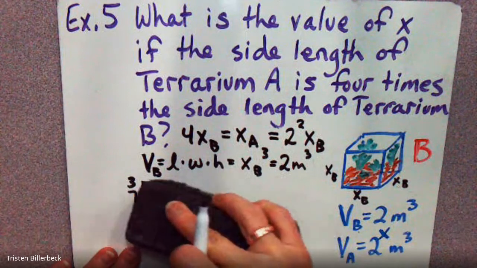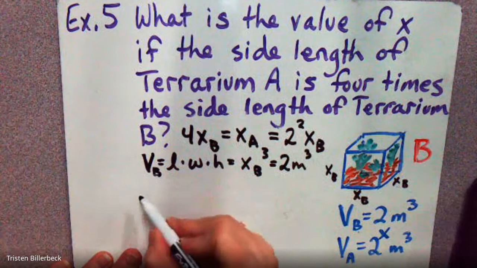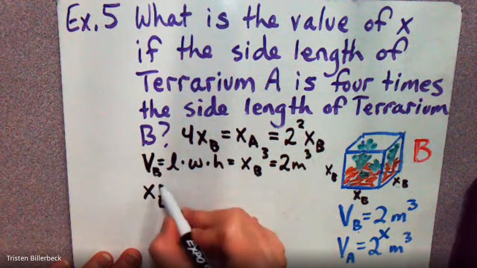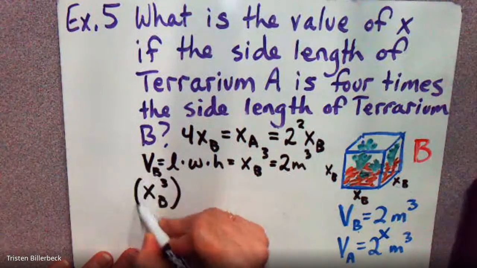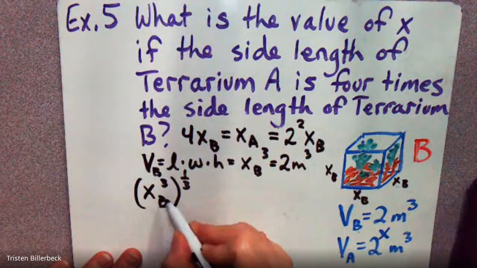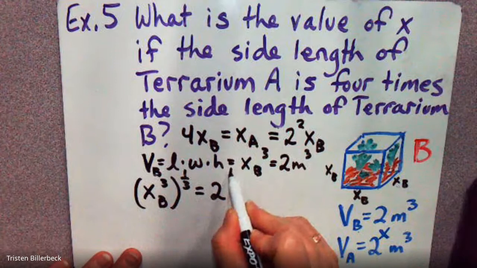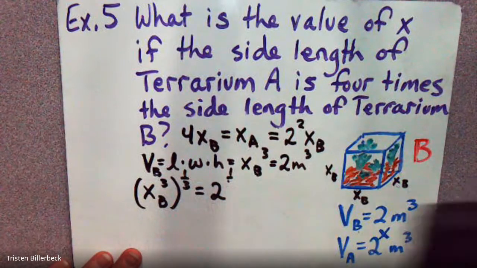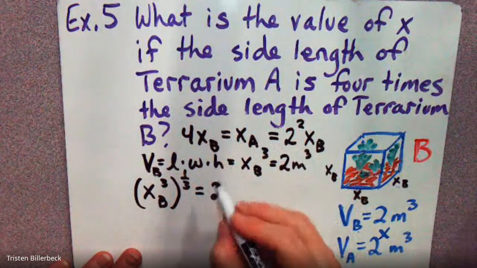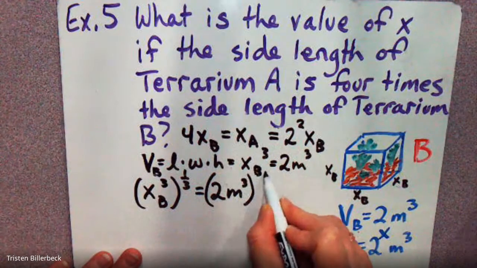But since we're learning about fractions, let's use the fractional exponent. So if I have x^b cubed and I take 1/3 of that, I'll get x^b to the 1. And that's going to equal 2 to the 1/3. Let's make that 2 meters cubed, so you can see how the units work, to the 1/3.